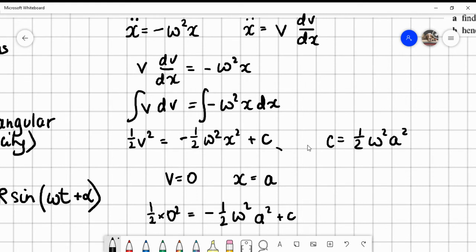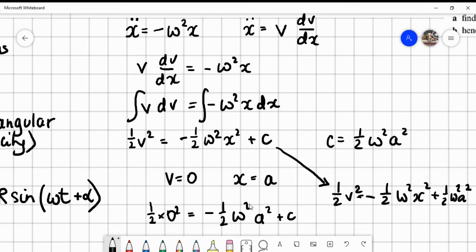Let's sub it into this, and you're going to get a half v squared equals minus a half omega squared x squared plus a half omega squared A squared.